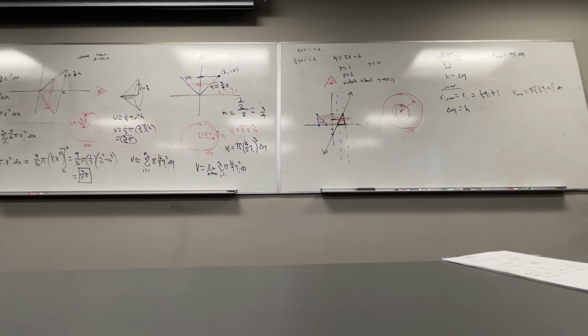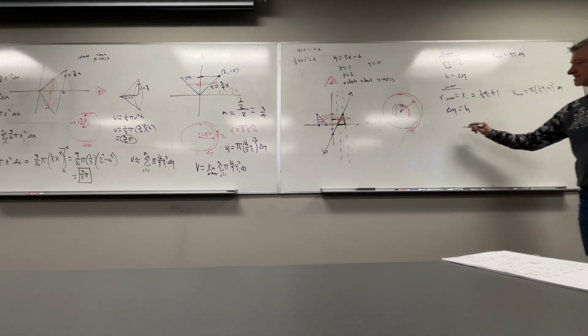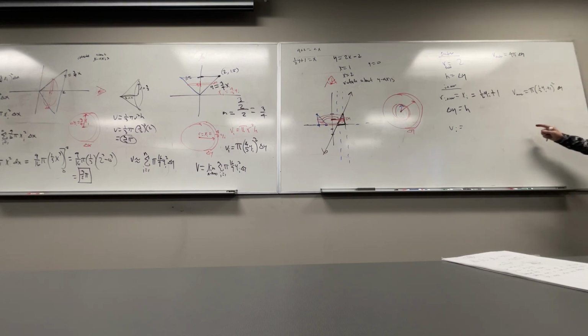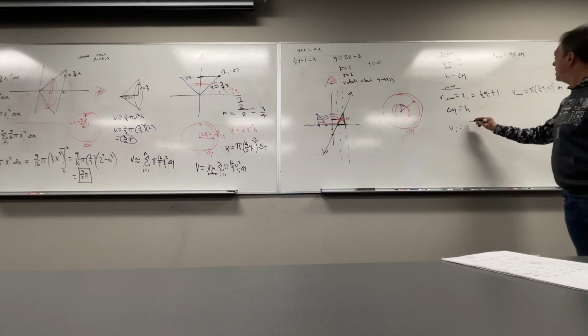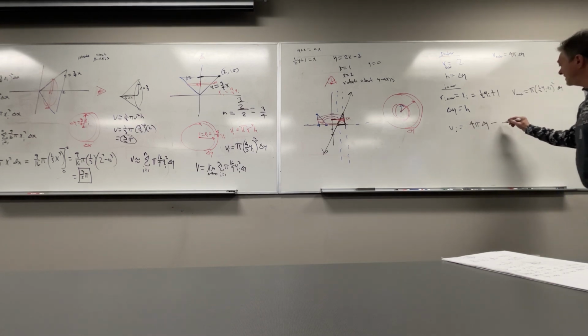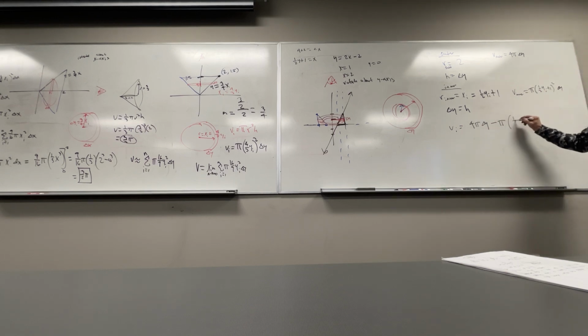Okay, so the whole volume, one volume, v sub i now. That's going to be the outer minus the inner, right? So 4 pi delta y minus pi (1/2 yi plus 1) squared delta y.